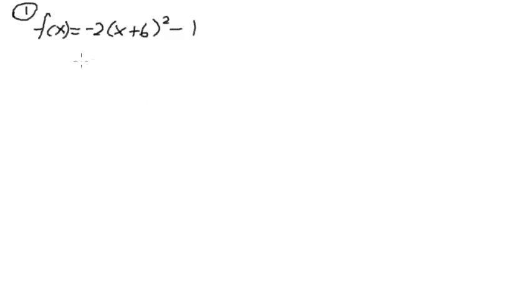The vertex, well, we know that for a parabola in standard form, it looks like this: a times x minus h, squared, plus k.